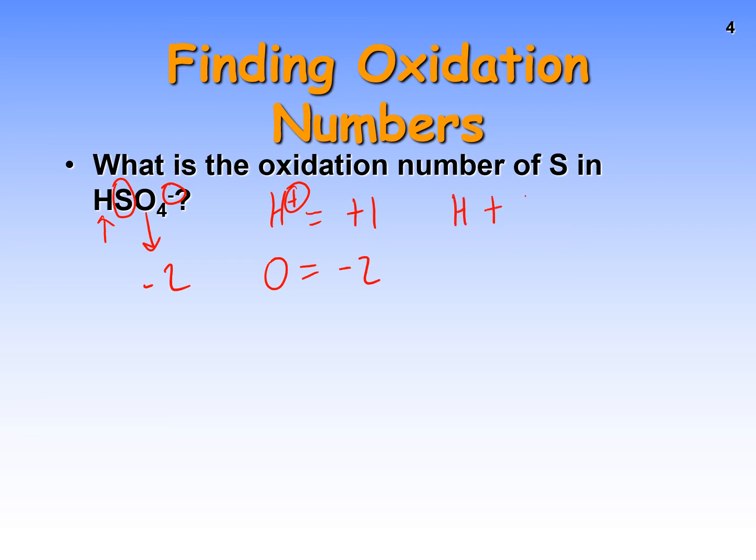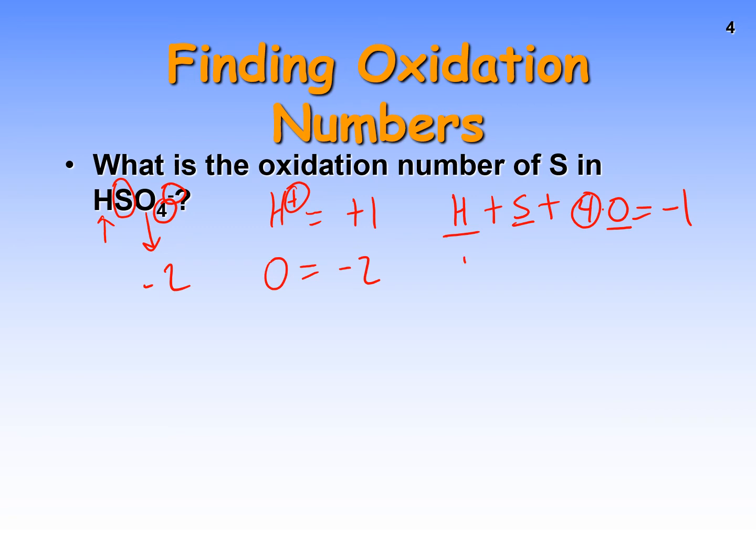plus sulfur plus 4 times O has to equal -1. Each one of these is an oxidation number I need to deal with. This 4 is because there are 4 oxygens in hydrogen sulfate.